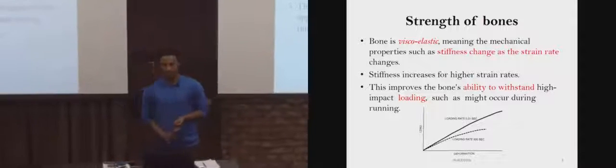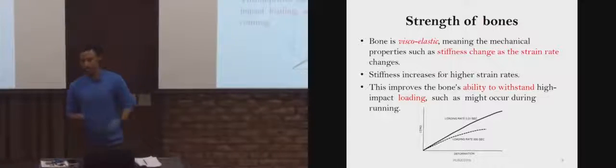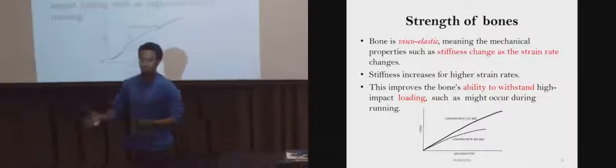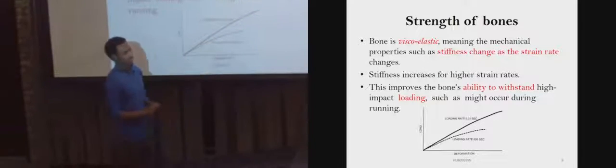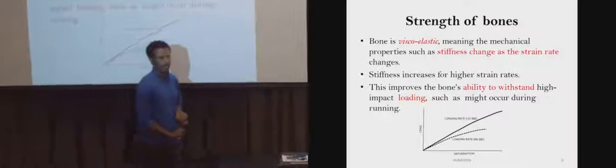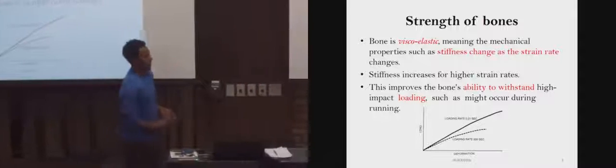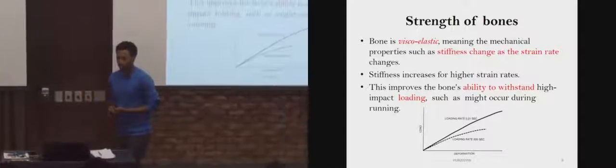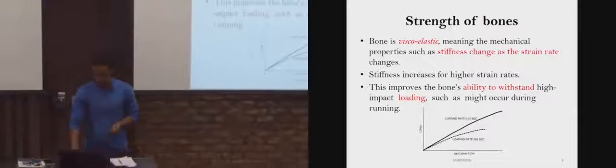The viscosity is a measure of the resistance of deformation, and elasticity is the ability to return to the original position after the load is taken. So since bone is viscoelastic, deformation or stiffness is proportional to the strain rate.